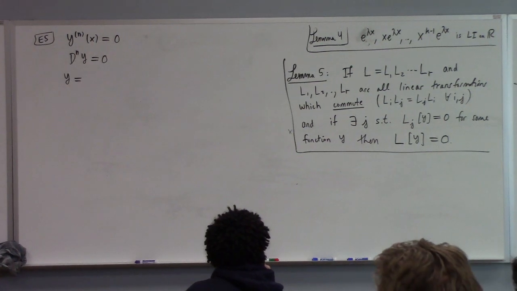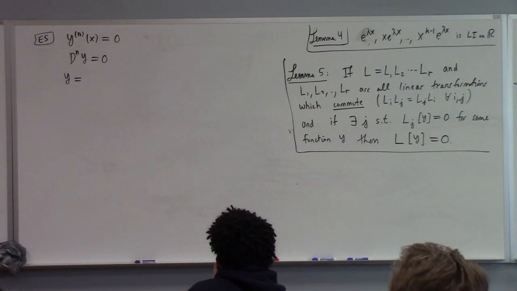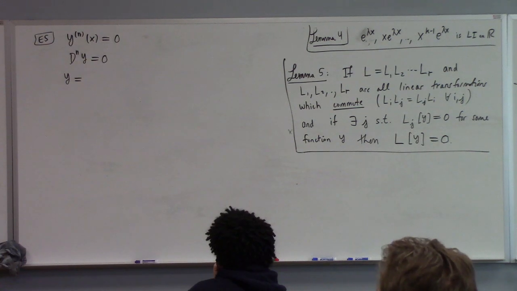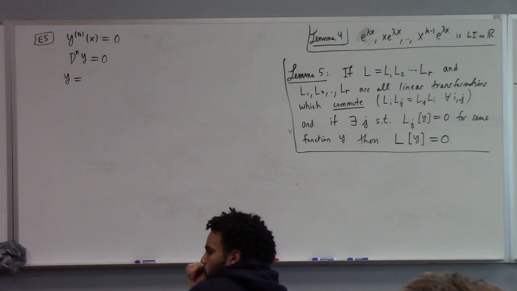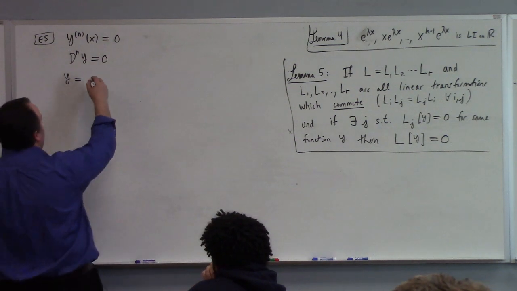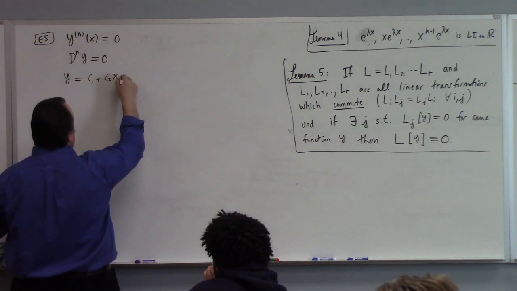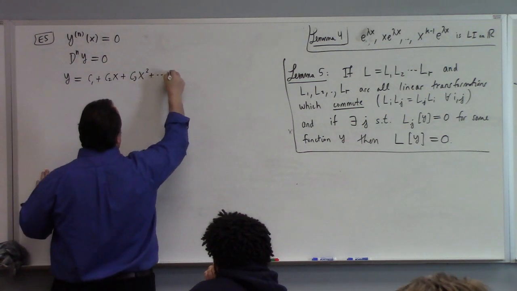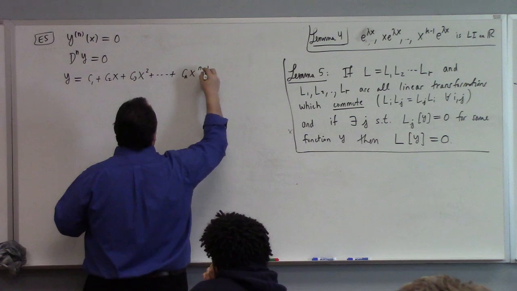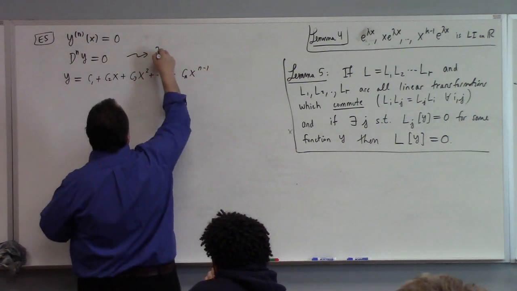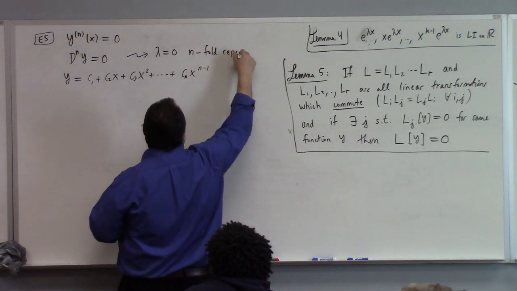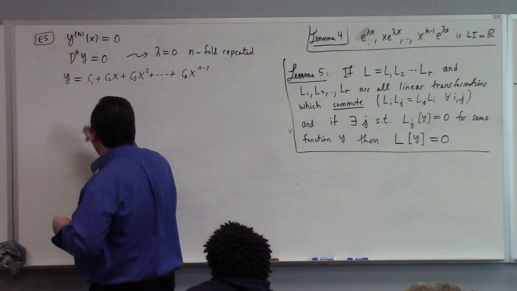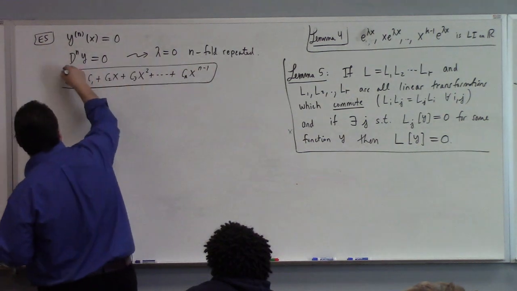At the start of this discussion, I integrated n times, right? And then upon your request, I relabeled the constants so it looked prettier. We're back there again. Solution is c1 plus c2x plus c3x squared plus dot dot dot plus cn x to the n minus 1. So here we have lambda equals 0 n-fold repeated. So that's your solution.